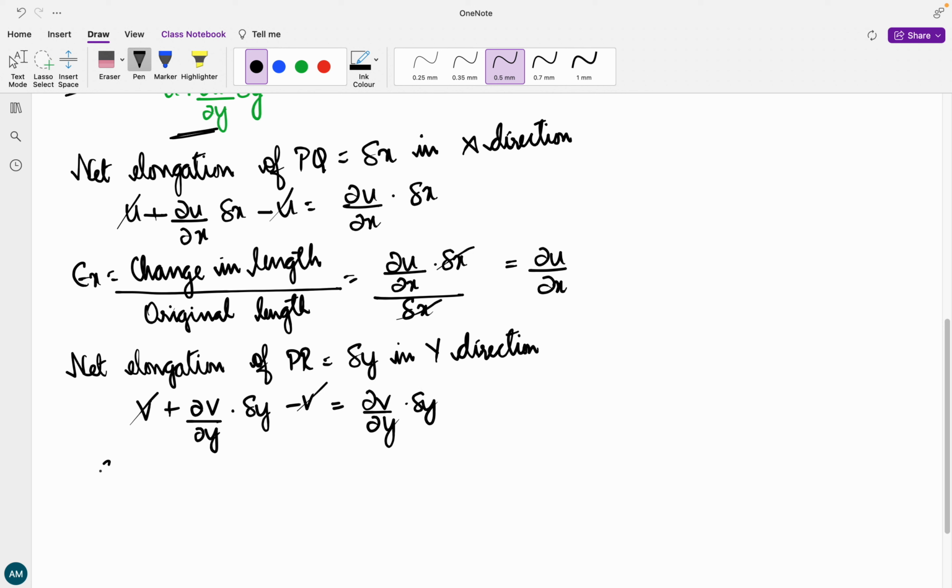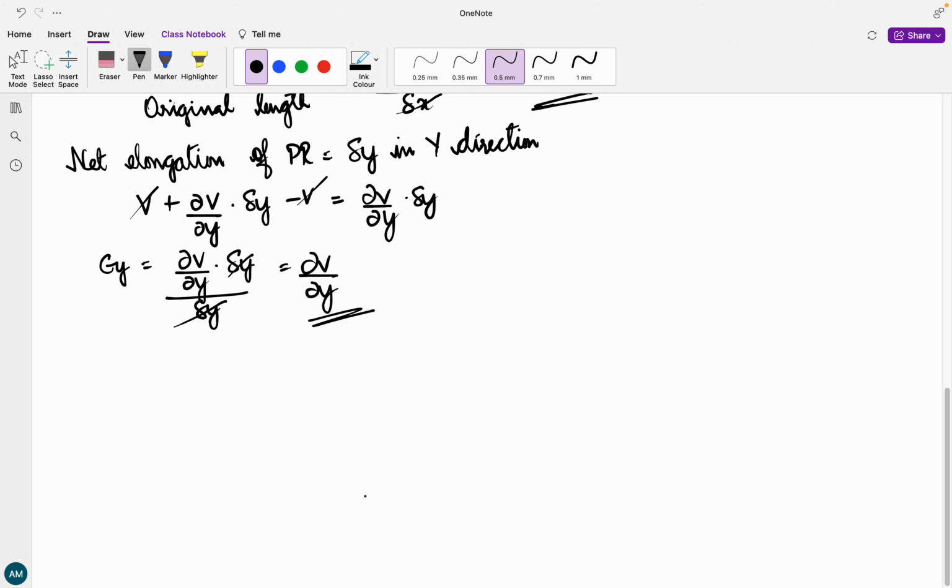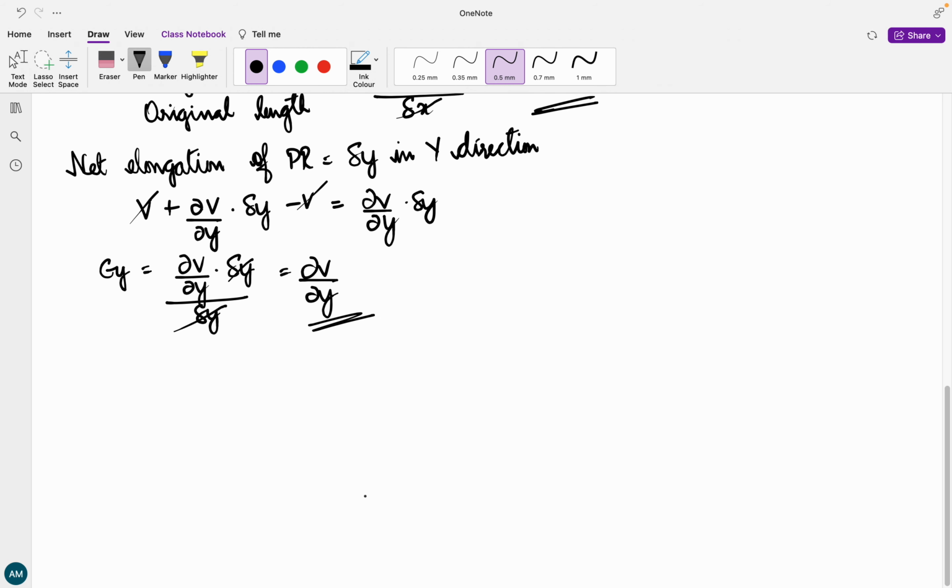V gets cancelled, and epsilon y is change in length divided by original length, so it is dou V by dou y. We have arrived at the epsilon x value and epsilon y value. Now we will arrive at the shear strain value.